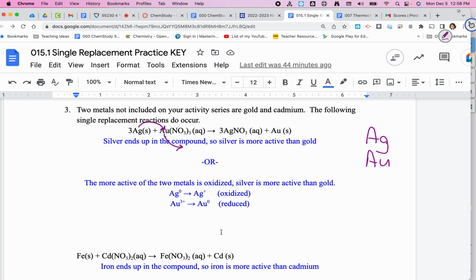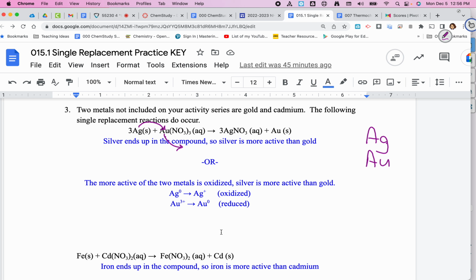Now, if you look at the bottom of your activity series, you will see that humans like the duds of the chemical world. Down there at the bottom are the things we consider to be valuable: gold, silver, copper. As humans, we like those things because they don't want to give up electrons. They don't react with stuff. Gold never rusts, but your car does.